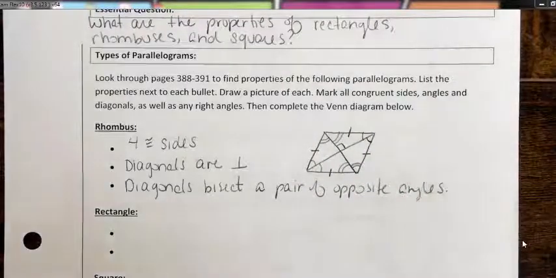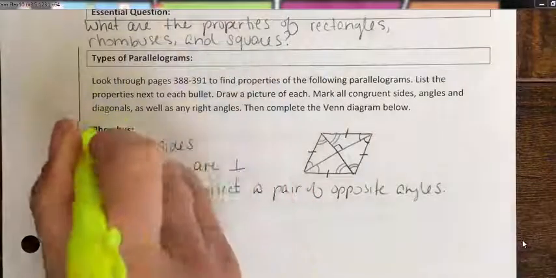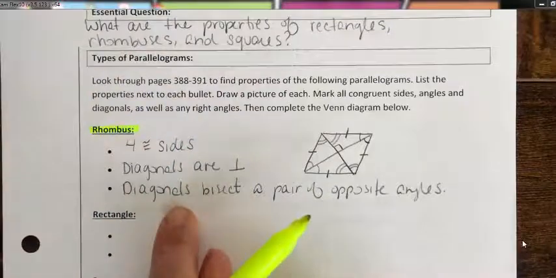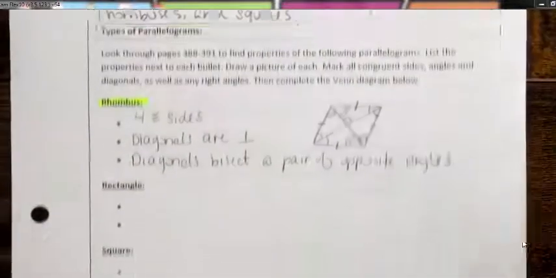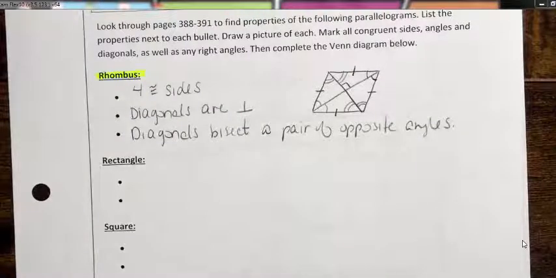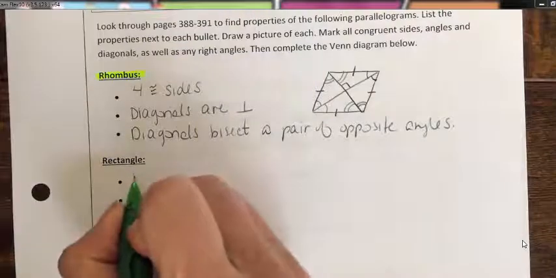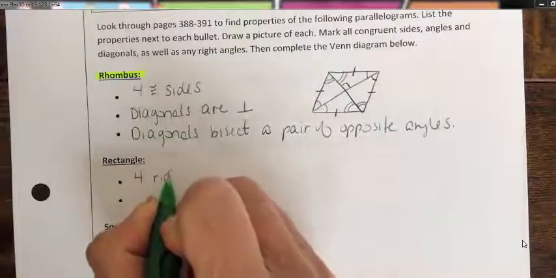So a rhombus is one of your special parallelograms, and you need to know all these properties. The next one is a rectangle. You should be very familiar with a rectangle. So a rectangle is a parallelogram, but the parallelogram has 4 right angles.